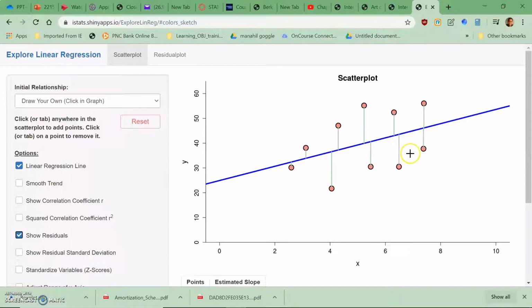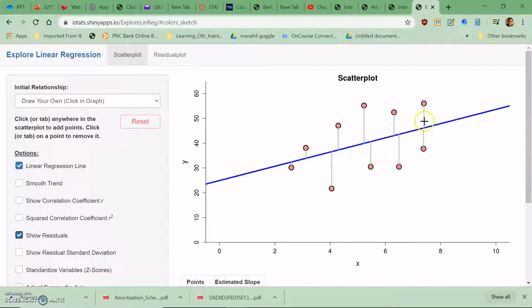What happens if we try to minimize this distance and add up these residuals? The positive ones will cancel out with the negative ones, and we won't be able to achieve the target. So instead of minimizing the distance, we minimize the square of the distance.